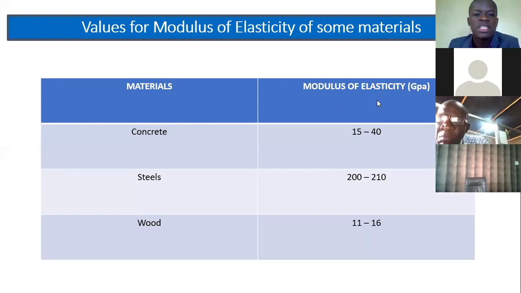So for pile elastic modulus, for concrete it's 15 to 40 GPa, for steel 200 to 210, for wood 11 to 16, based on the material you're using. So moving back to the InSitu Geo software.